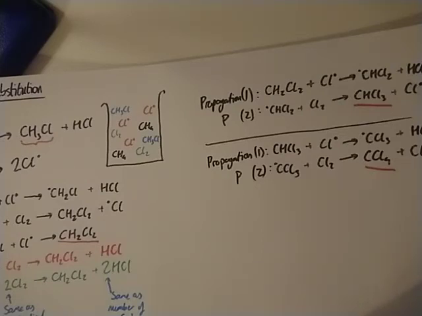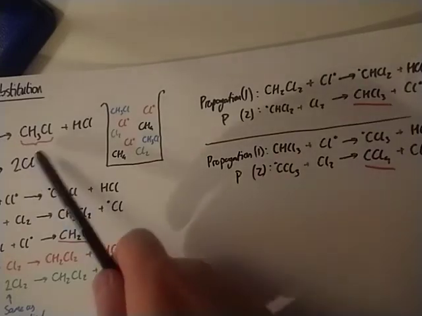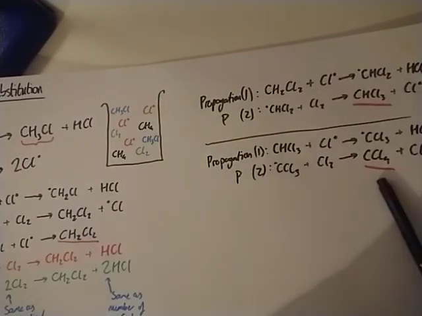You don't have that much control over what to make, but there is one simple thing you can do to try and control whether you get mostly chloromethane or whether you get mostly tetrachloromethane.